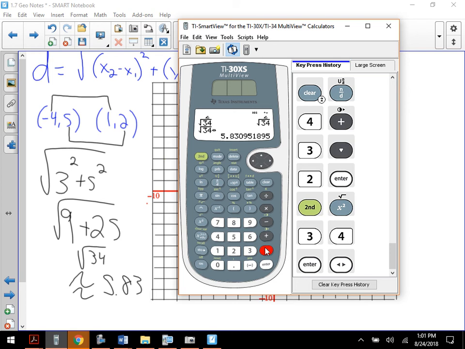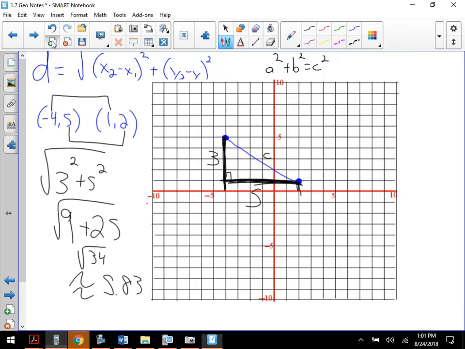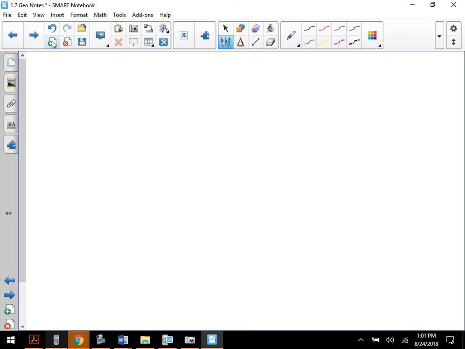Okay? Let's try another one. Let's find the distance between those 2 points. I have no graph. I don't care about a graph.